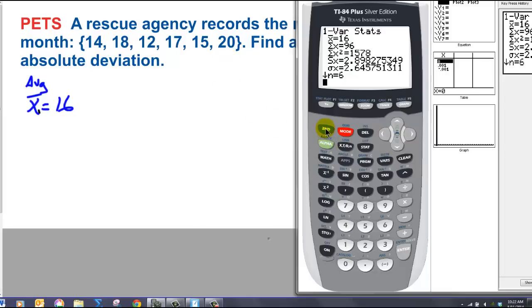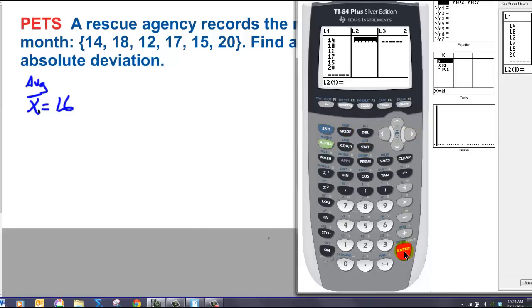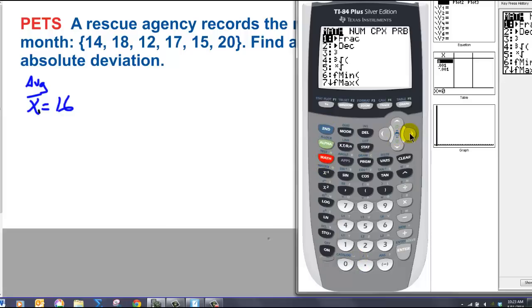In order to do that, we're going to have to go back to stat. We'll go to edit again. Rather than typing down in this column, we're going to actually move up to where it says L2. And we're going to have to take the absolute value. So to do that, we go math, num, hit the number 1 or just enter for absolute value.